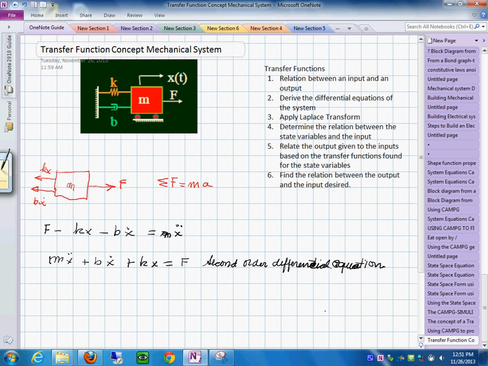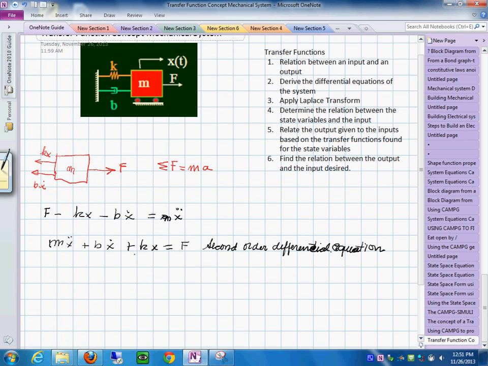Okay, so now what we're going to do is we need to define the outputs. So I am going to say here, what is my input in here?